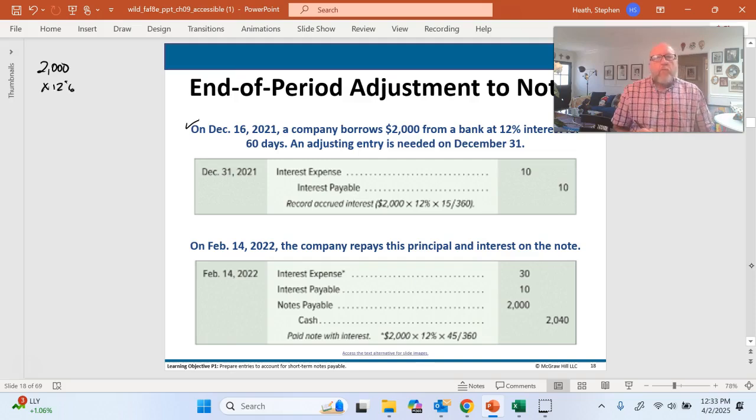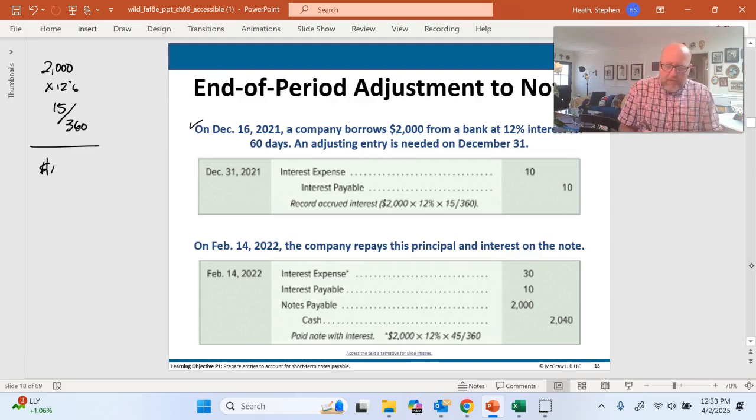And now we've only had 15 days in December from the 16th through the 31st, not including the 16th. That is 15 days, and it's still out of 360. It's not 15 out of 60, right? Again, it's 15 out of the entire year. So if I were to do all of that math, that's $10.